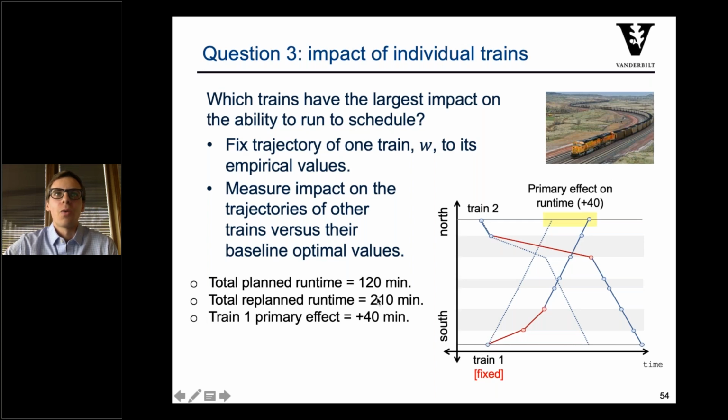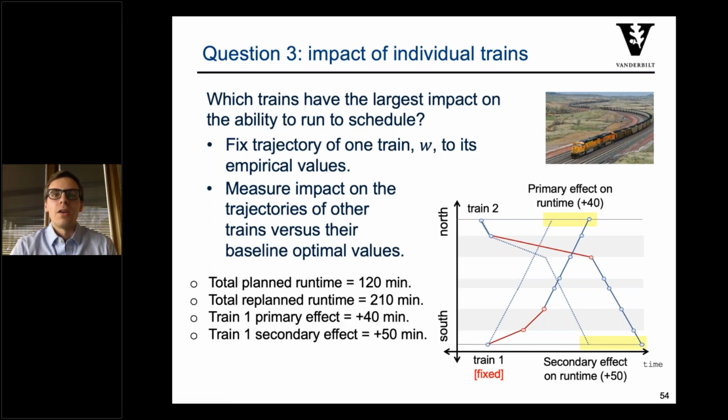We can break that down into what we call the primary effect, which is the added runtime of the particular train we're analyzing, and the secondary effect, which is the knock-on effect to all other trains on the network. In this case, the primary effect was 40 minutes, and the secondary effect was 50 minutes, for a total of 90 additional minutes of runtime in excess of the optimal plan.